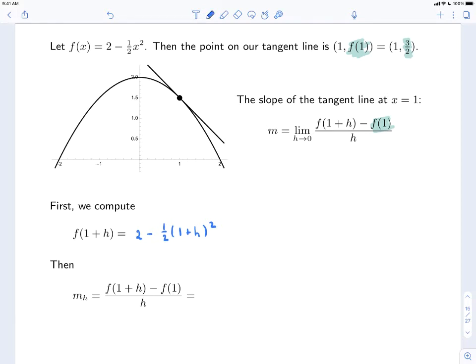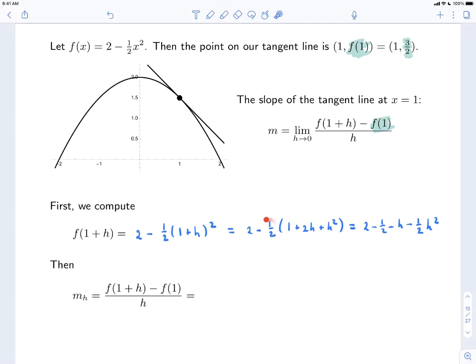So let's simplify this. This is going to be equal to 2 minus 1/2 times 1 plus 2h plus h squared. So what is that going to be? That's 2 minus 1/2 minus h minus 1/2 h squared.